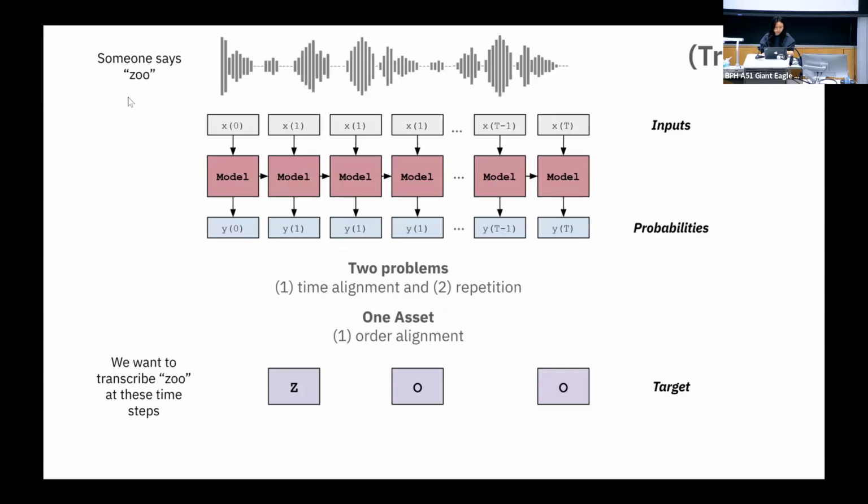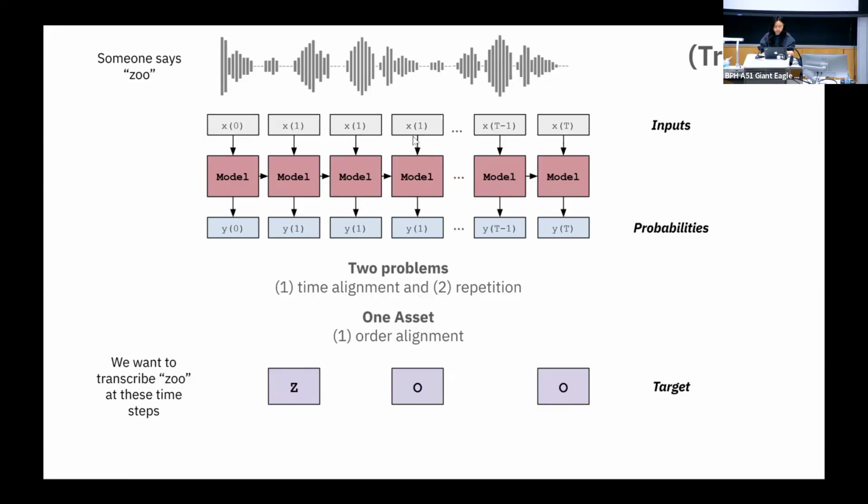Here's an example for better understanding. Let's say someone says the word zoo, and we transform this waveform into MFCC features, just like in homework 1P2, and we get the input sequence x0, x1, and so on. Our aim is to transcribe it into the three letters Z-O-O at certain time points. You can see the problem. The input sequence x0, x1 and so on is not mapped one-to-one to these three letters at the end.